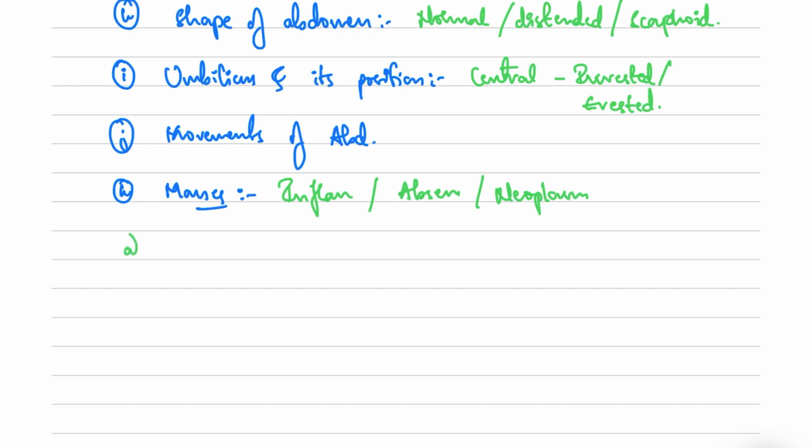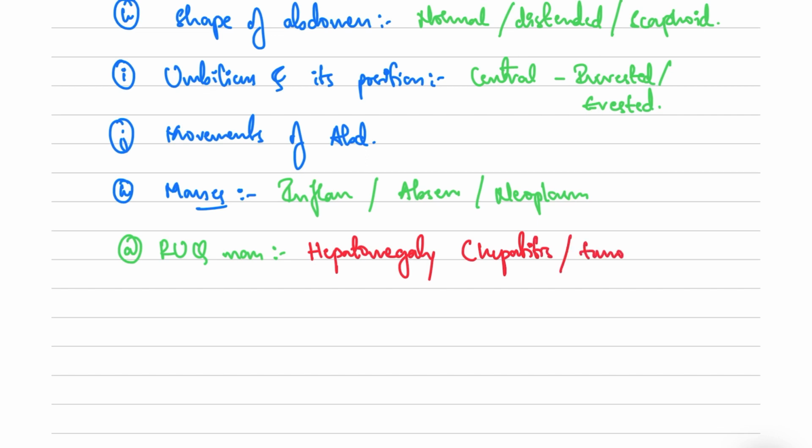Number one, A, if it is a right upper quadrant mass, what are the possible things that the patient may be suffering with? Number one is called hepatomegaly. This can be either due to hepatitis or any tumors or carcinomas like hepatocellular carcinoma.